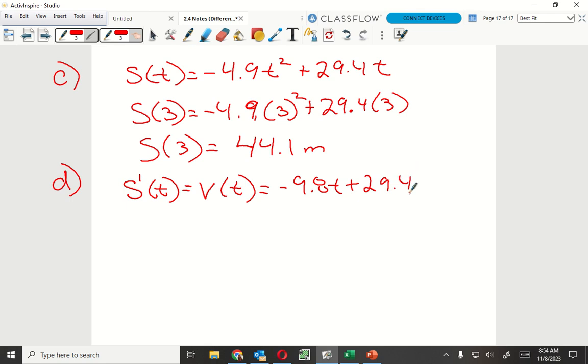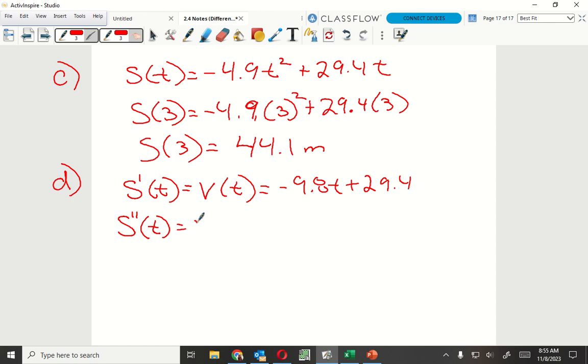Now, the next derivative, the derivative of the derivative. I'm going to show you all the different ways we could write this. If the derivative is s prime, the derivative of the derivative would give me s double prime of t, which is the same as taking the derivative of the velocity.